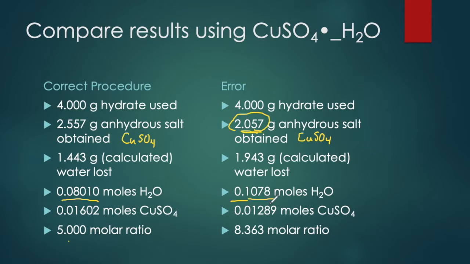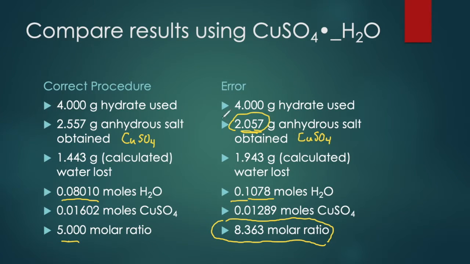When you calculate this ratio, you're doing it with a number in the numerator that is too high and a number in the denominator that is too low. And so the overall result is going to be fairly significantly high. So you're saying that you have 8.36 times as much water as you do copper 2 sulfate, which is definitely higher than the correct answer, which would be 5.